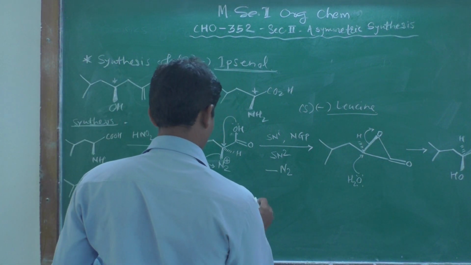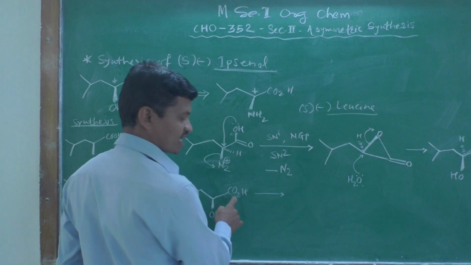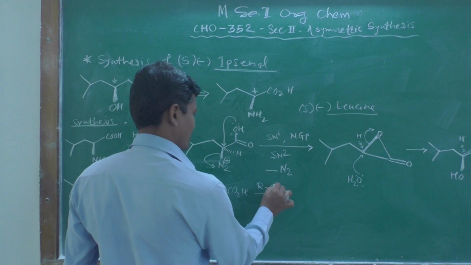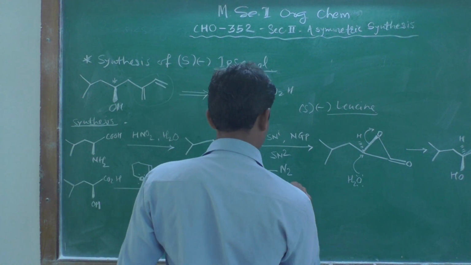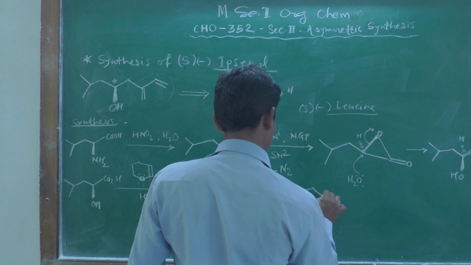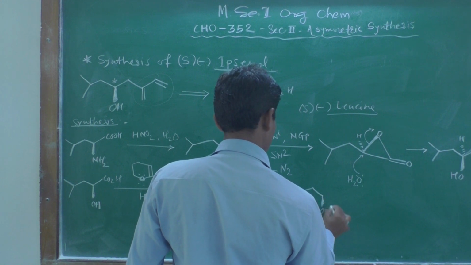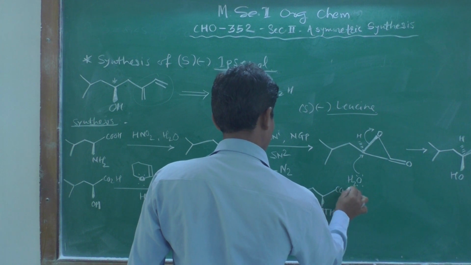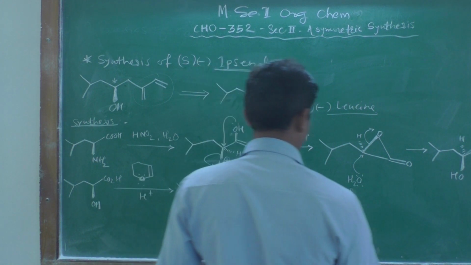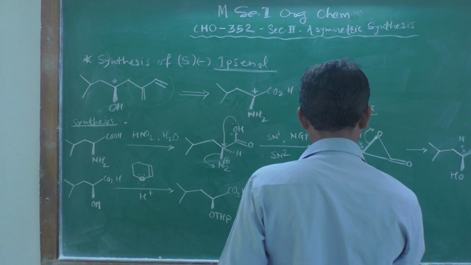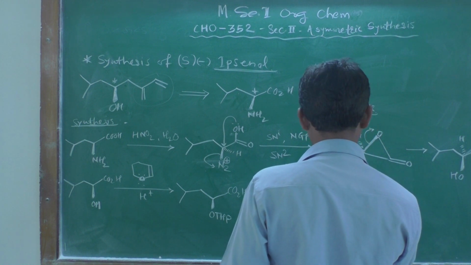Then convert this carboxylic acid into ester by reaction with alcohol. Then you will get OTHP, COOR.